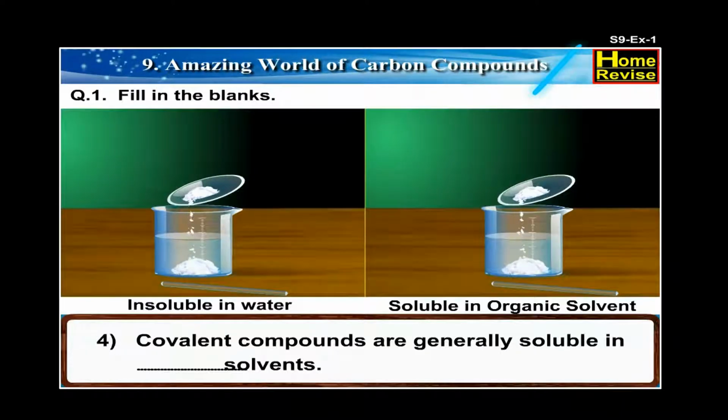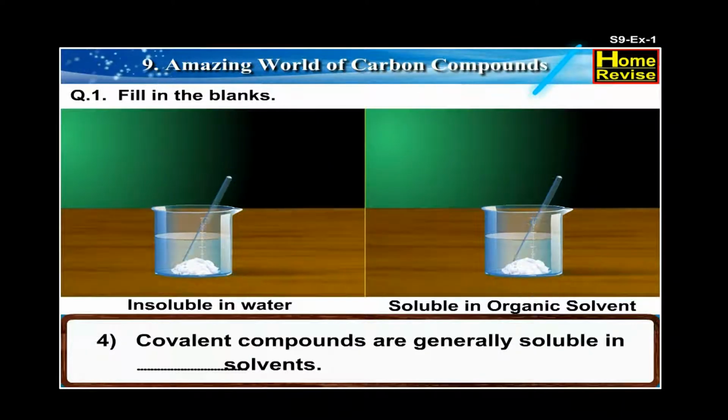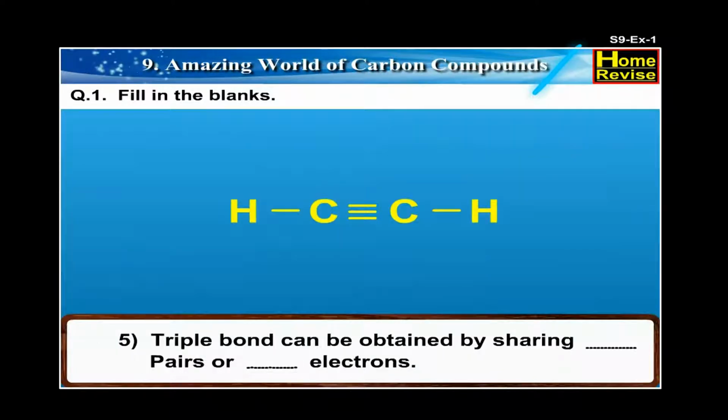4. Covalent compounds are generally soluble in dash solvents. The answer is covalent compounds are generally soluble in organic solvents. 5. Triple bond can be obtained by sharing dash pairs or dash electrons.